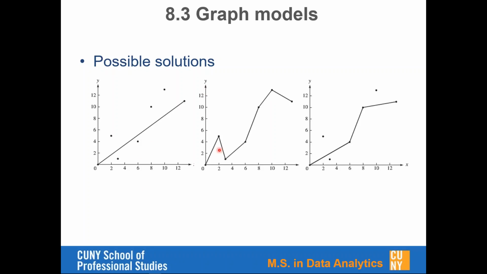It could be this, could be this one, could be the third one. We know the second solution has a potential overfitting problem, and the first one is potentially a linear regression solution. And then the third solution could be in between, and it's a piecewise linear function. It probably fits better than the first solution, not as good as the second solution, but the second solution does suffer from the overfitting problem.